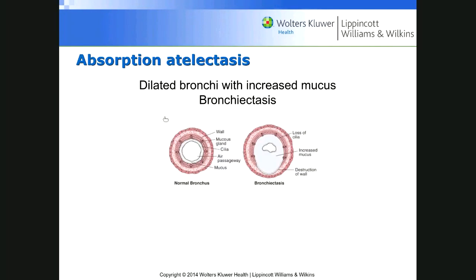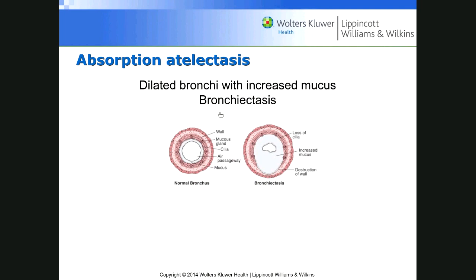Okay, absorption atelectasis. Again, make sure that you know this is the one that is most associated with post-surgery, and that's because they produce a lot of mucus, and the mucus interferes with this. Actually, this is also known as bronchiectasis, and bronchiectasis is one of the four causes of obstructive lung disease.